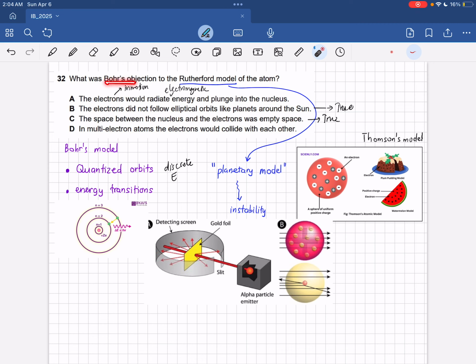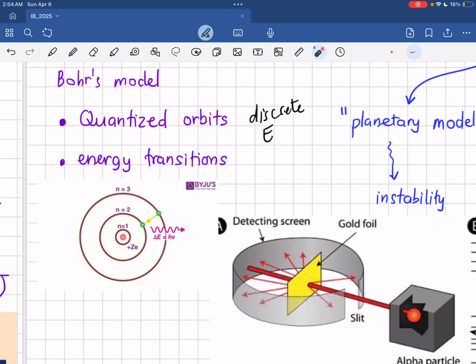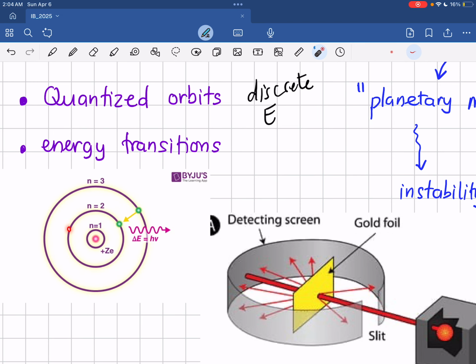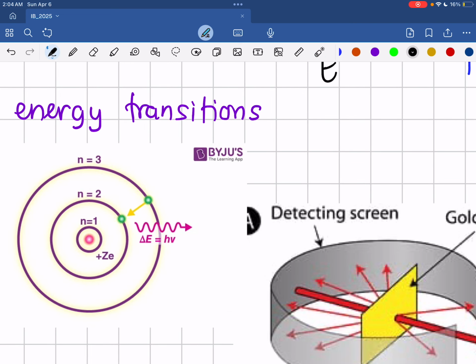And for the Bohr model, there should be quantized orbits with discrete energy, and an electron can get excited and move from a lower to a higher state, or go from a higher to a lower energy state and emit a photon of that same amount of energy.